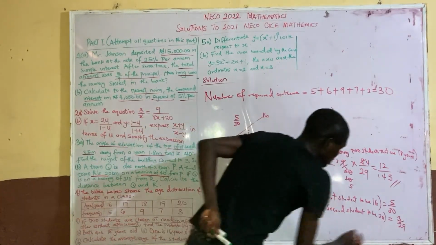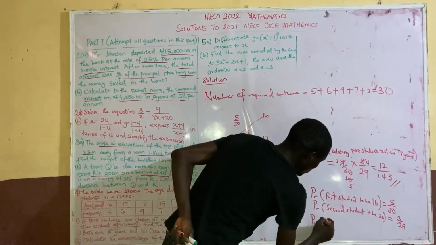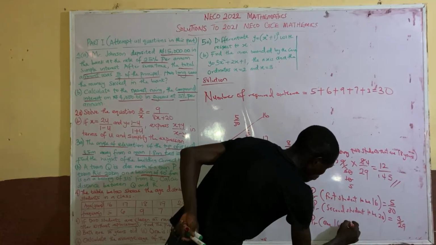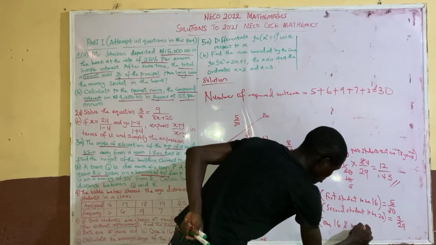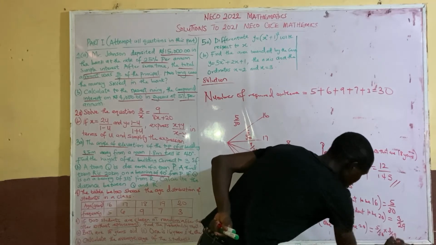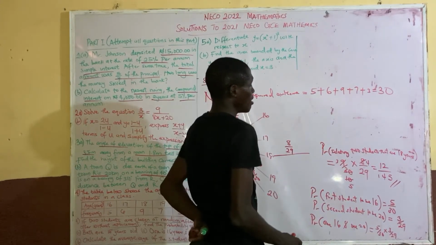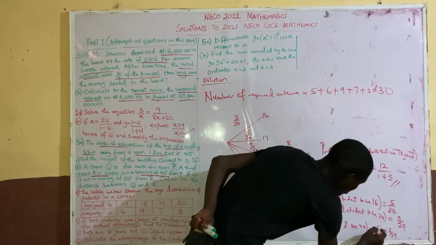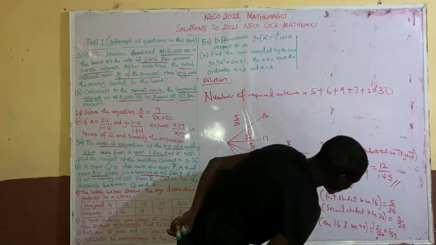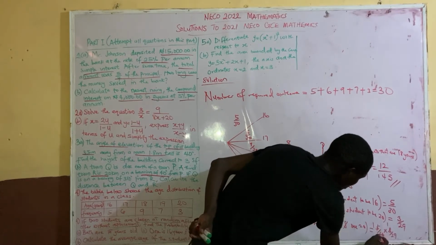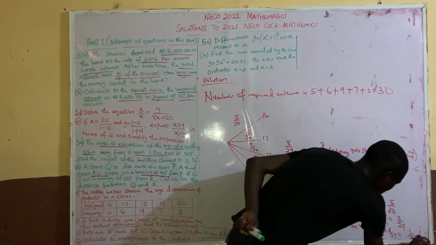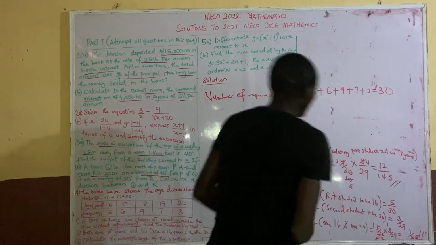So the probability of 16 and 20 will be equal to 5/30 multiplied by 3/29. So we have 5 here 1, 5 here 6; 3 here 1, 3 here 10. And multiplying, you have 1/58. That's the answer for that one.